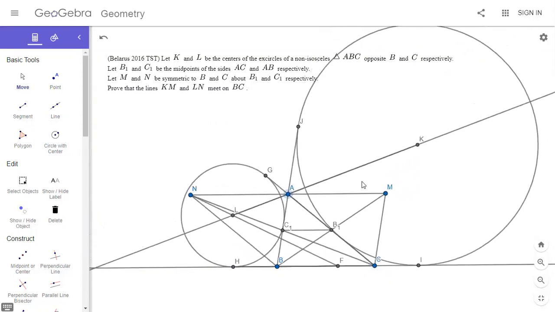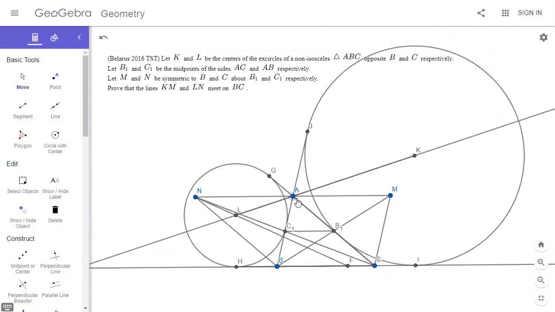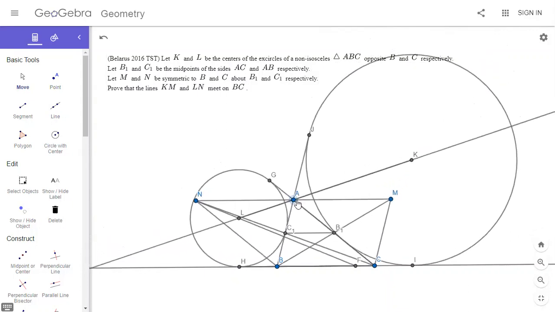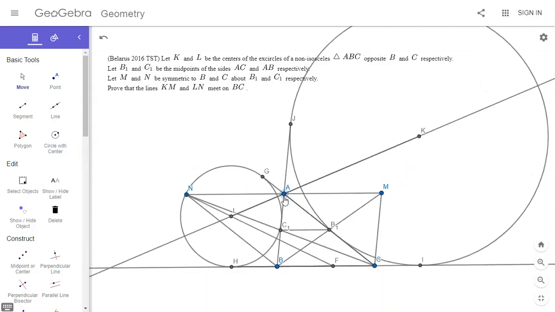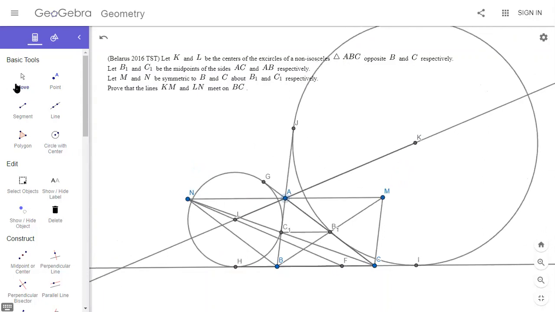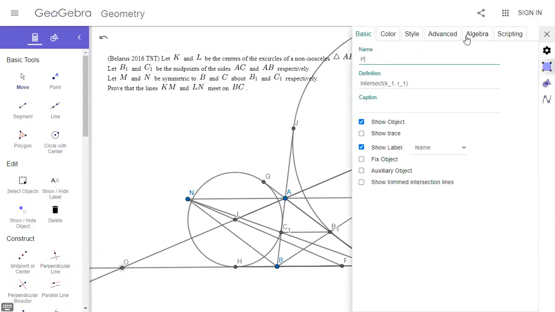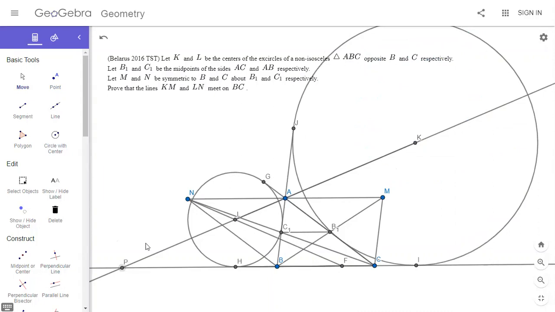Okay, so I let this point be called P. So PL, and KL meets it at P.